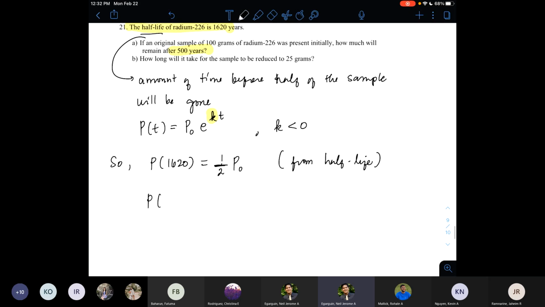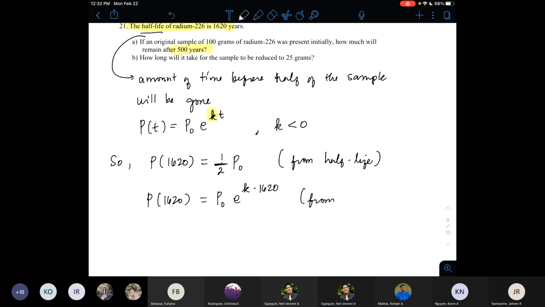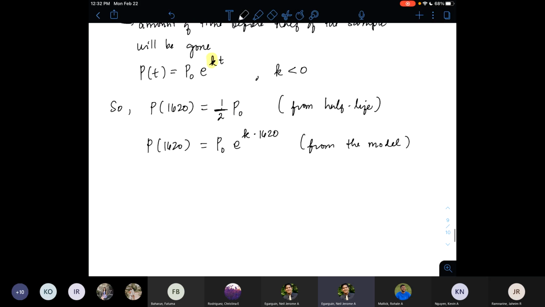But another way of looking at P of 1620 is coming from the model. So the model says that P sub 0 e to the k, which is unknown, but we know that t is 1620. So this is from the model. But these two refer to the same thing. These two expressions pertain to P of 1620.